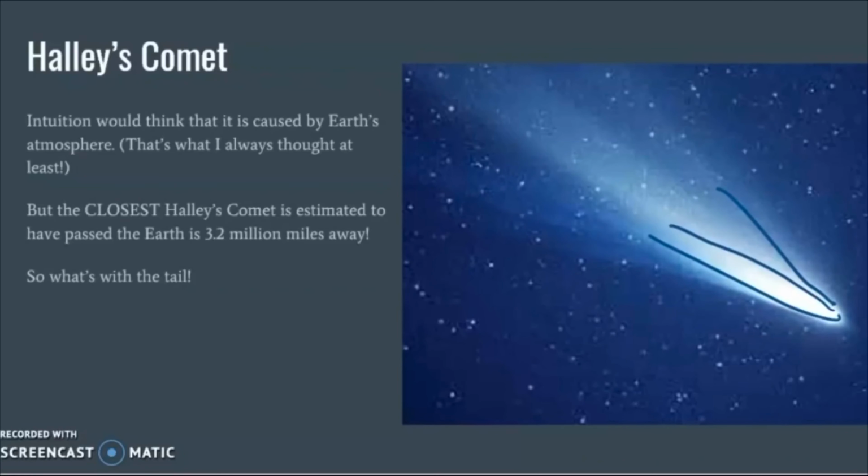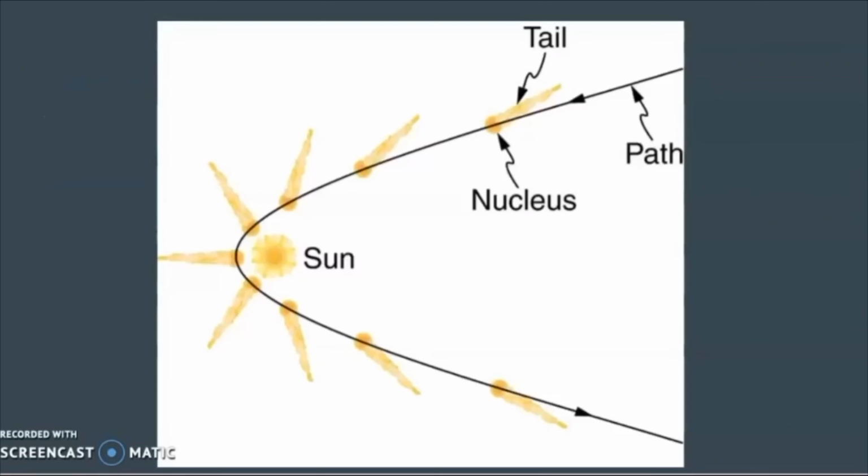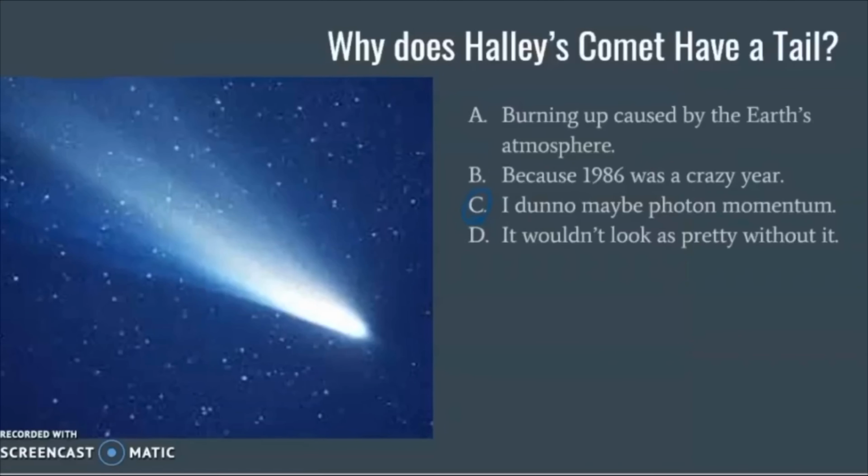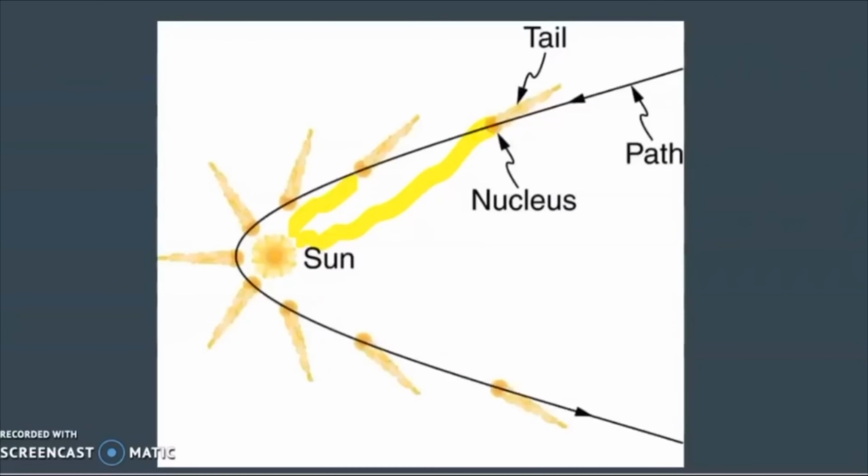Let's look at another picture of it here. If you have a comet traveling and orbiting the sun, the tail is always going to face away from the sun, because photons from the sun are hitting that comet and knocking little particles off, because these photons carry so much momentum. So the answer is C. It's photon momentum that's causing this phenomenon.